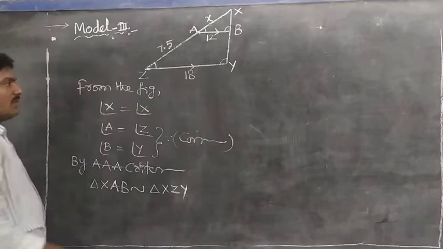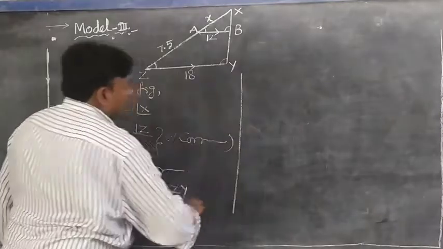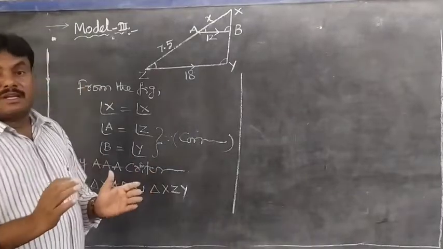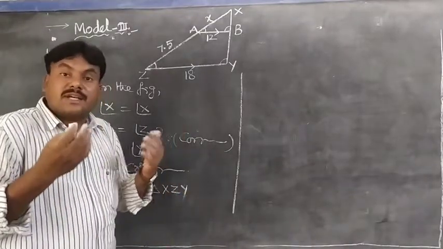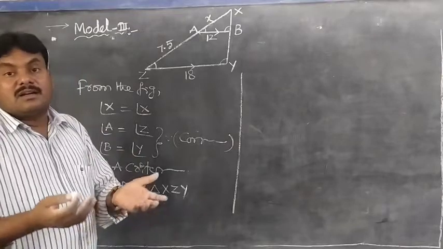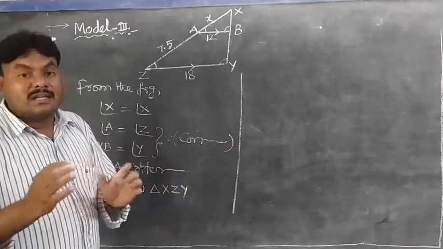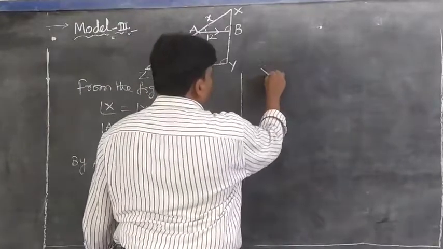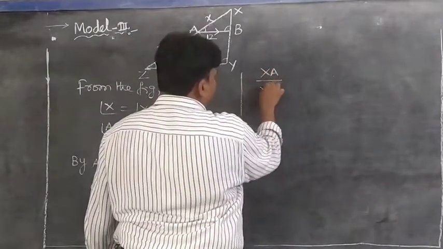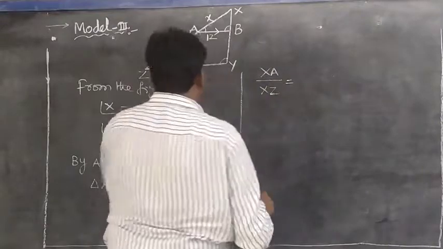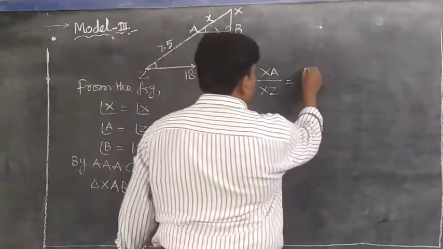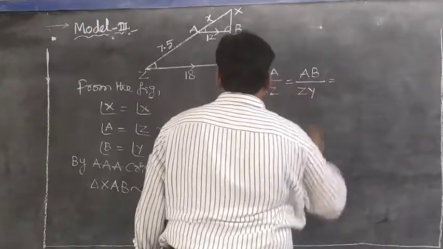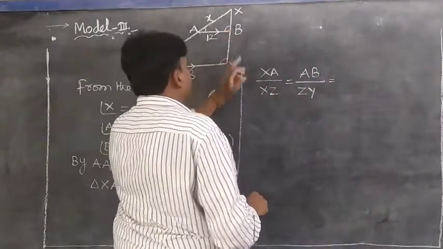Okay, students, then we find the x value. Same procedure, we know very well. If two triangles are similar, it means the ratio of sides are proportional, or equal. So observe here, XA by XZ equal to AB by ZY equal to XB by XY.